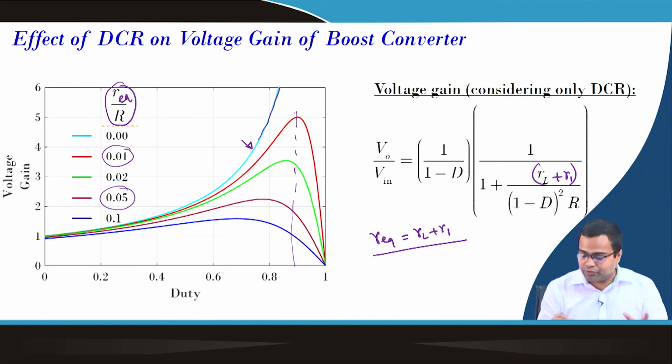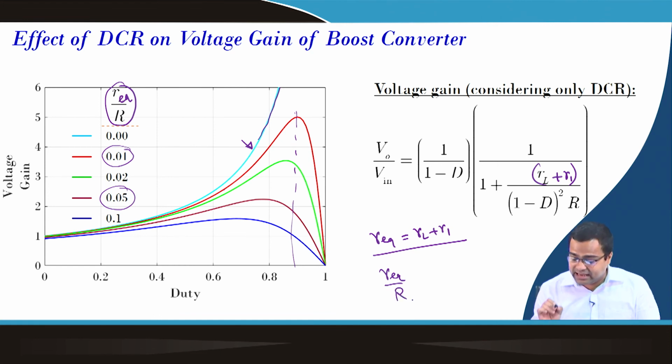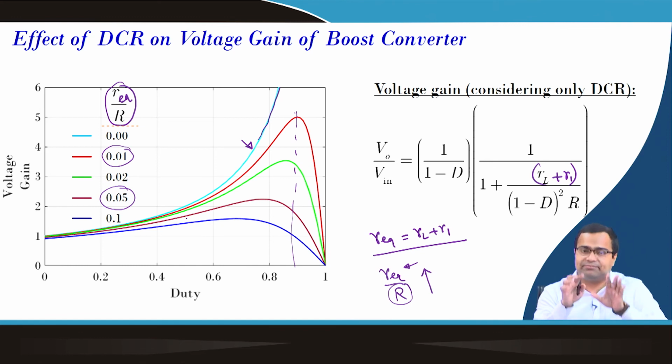This ratio can increase, for a fixed value of R equivalent, if the load resistance decreases. That means as the load current increases, the load resistance decreases, the ratio increases, and then your voltage gain falls. Similarly, for the same load current, if this equivalent resistance increases, then also voltage gain falls.